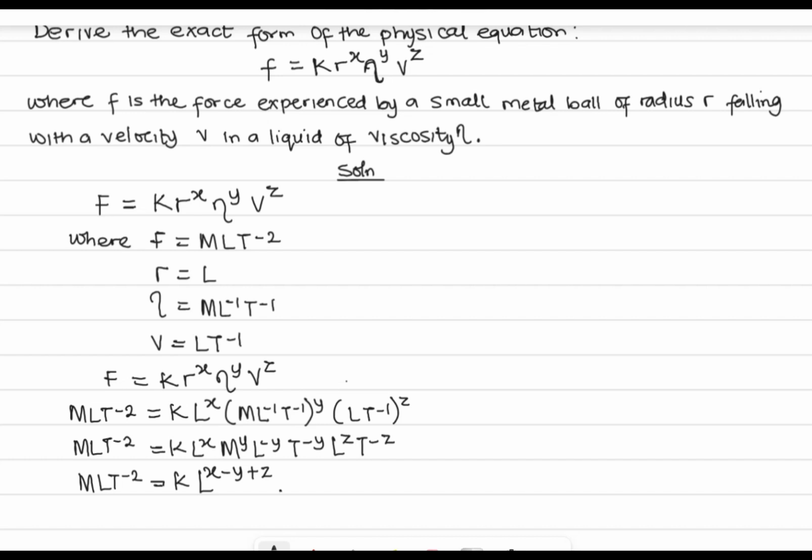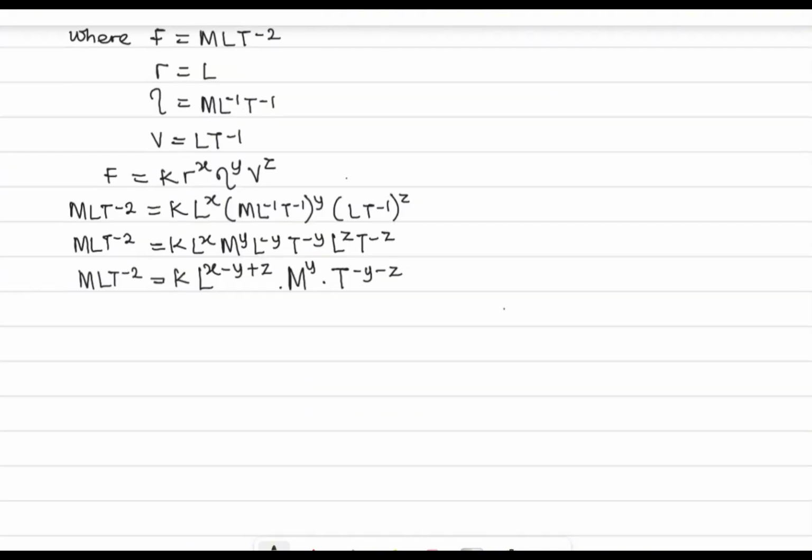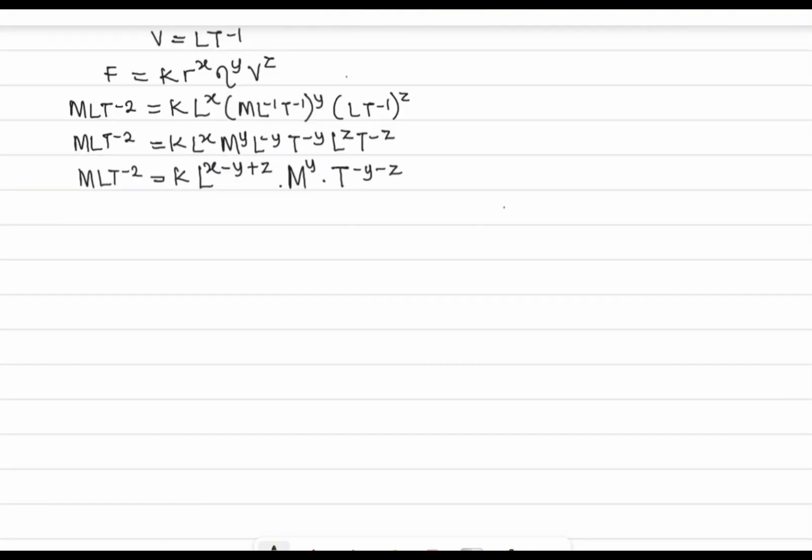And then for M, we just have M raised to power y, and the next now we have T, and the first power of T we have is minus y, and the next power of T we have is minus z. So next, we just simply say comparing coefficients now.